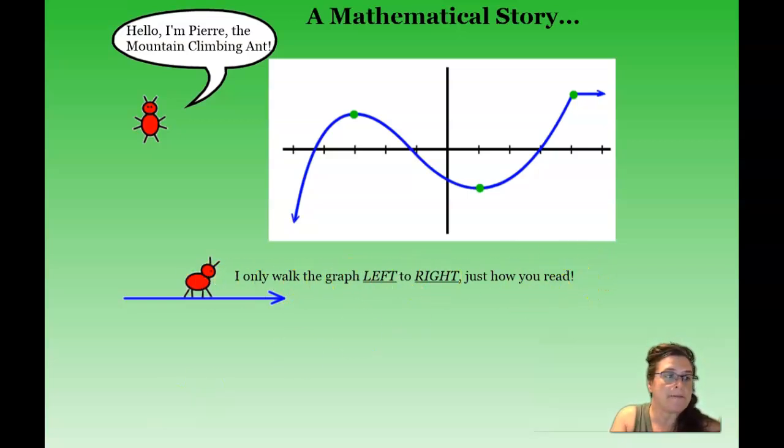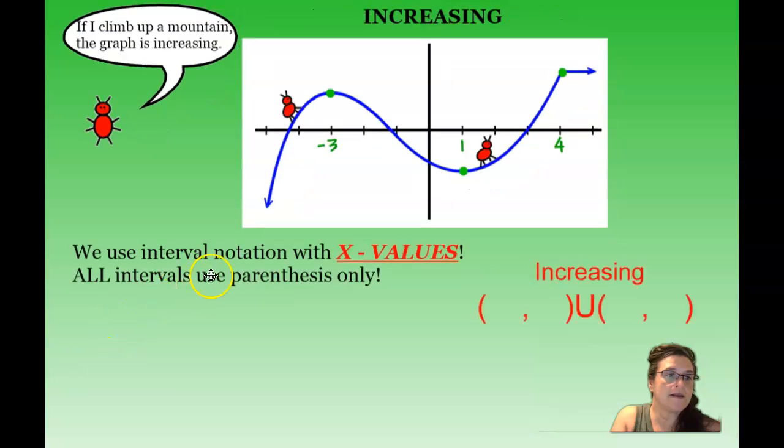Pierre is here to remind us that we only read graphs from left to right, just how you read a book. Whenever Pierre is climbing a mountain, he starts here at the left side of the graph, and he's climbing uphill as he goes from left to right. Whenever he's climbing a mountain, that is increasing.